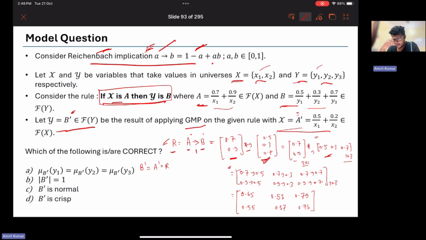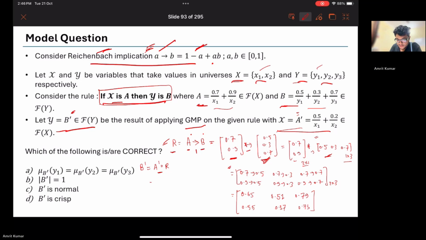And since we are not provided a t-norm, we will assume that we are required to use the minimum t-norm. Therefore, we'll do the max-min composition. If nothing is provided regarding the t-norm, we assume that we're required to use the minimum t-norm, that is, max-min composition.